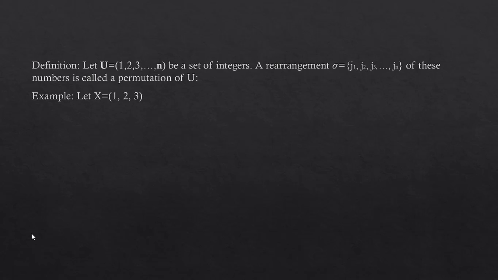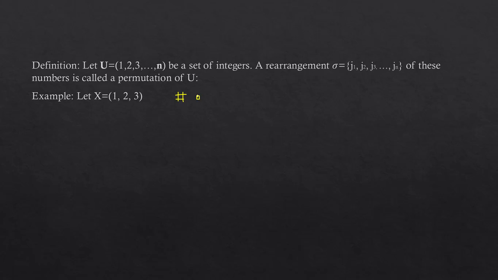So we have a definition here: let U equal 1, 2 up to some n be a set of integers. A rearrangement j1 up to jn of these numbers is called a permutation of U. So we have an example: let X equal 1, 2, 3.